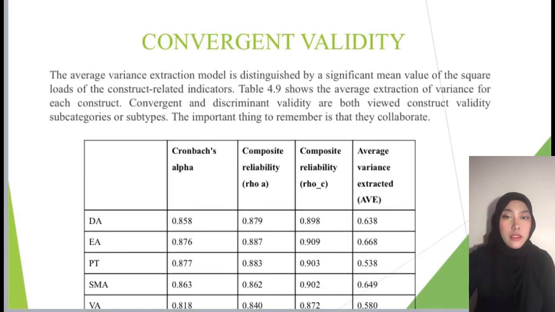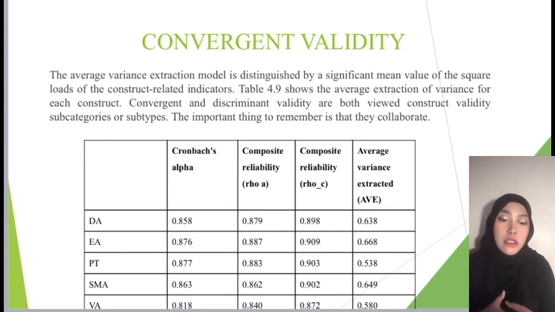So we move to convergent validity, where the average variance extracted is distinguished by a significant mean value of the square roots of the construct related indicators. The table shows the average variance extracted for each construct. Convergent and discriminant validity are both construct validity subtypes.